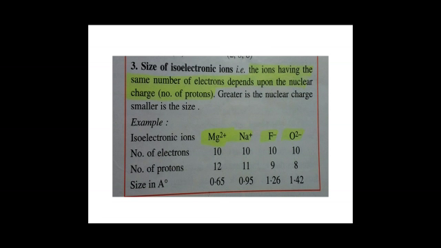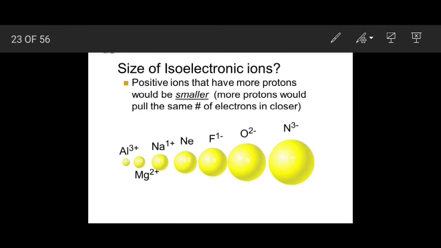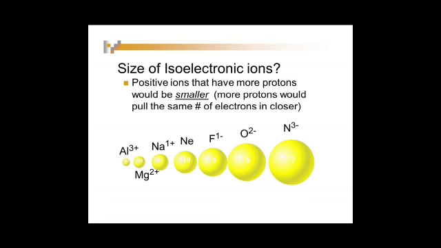If ions have the same number of electrons, you have to consider the nuclear charge. Positive ions that have more protons would be smaller. Example: aluminium 3+, magnesium 2+, Na+, neon, fluoride ion, O2-, oxide ion, N3-. The atomic number of aluminium is 13, so aluminium 3+ has 13 protons. Since it has more protons, it would be smaller compared with Mg2+ and Na+.